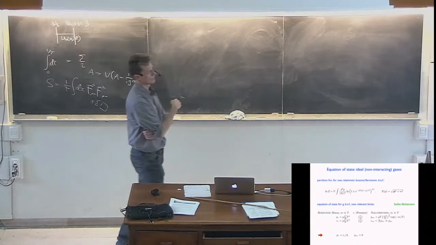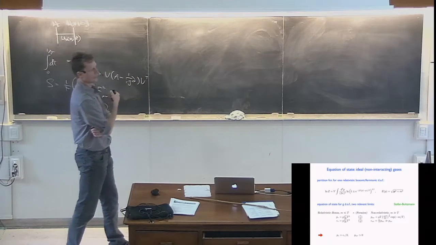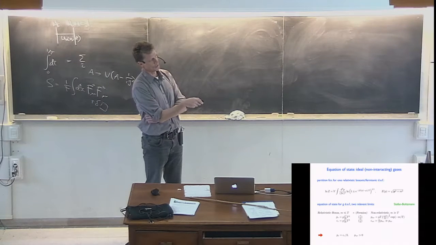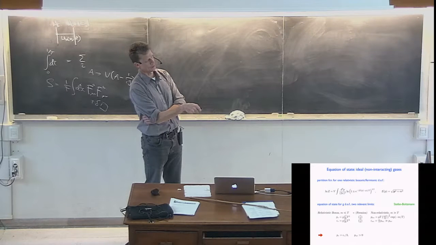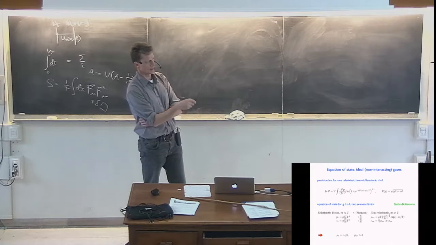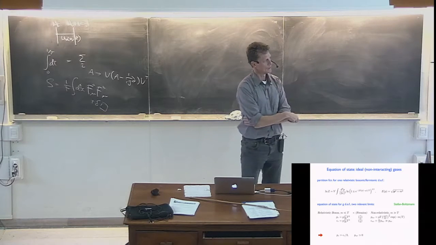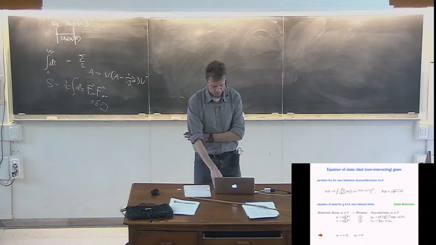This was also discussed yesterday in the hydrodynamics lecture. And then in the relativistic ideal gas, your energy is exactly 3 times the pressure, and in the non-relativistic limit, pressure is 0.